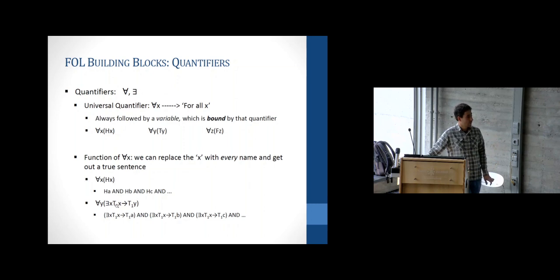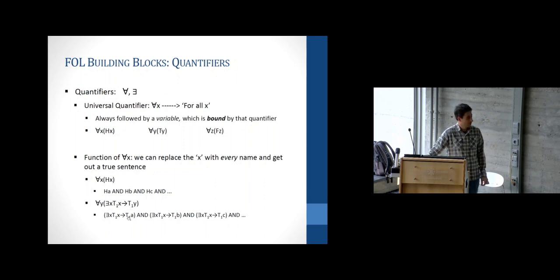This is kind of tricky to see, but this generalizes to more complicated sentences. If I have for all y, if there is an x such that T1x, then T1y, I can replace that y with every name and I will get a true sentence.